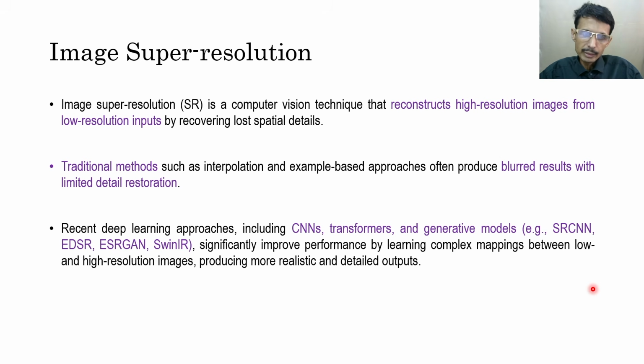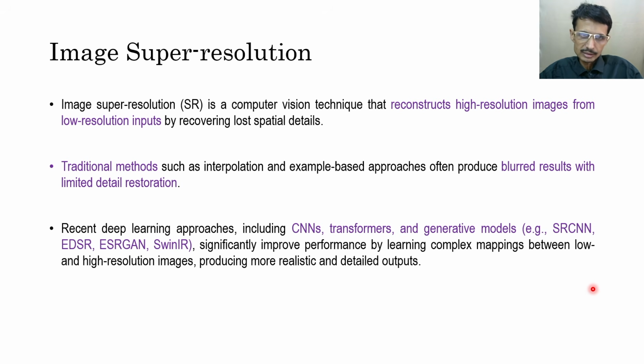So we require more information than is available in the input. So in this case, it is in general generative in nature. So image super resolution is a very important computer vision task where generative AI can contribute a lot.